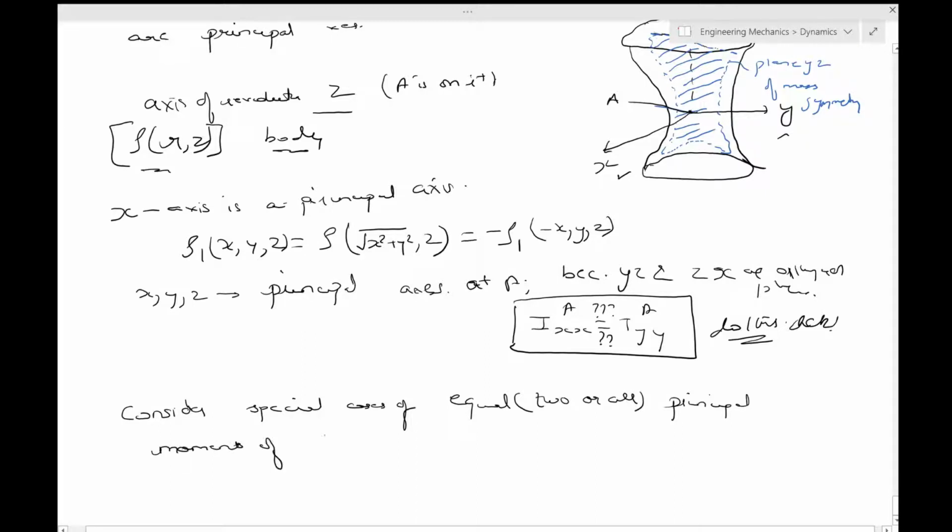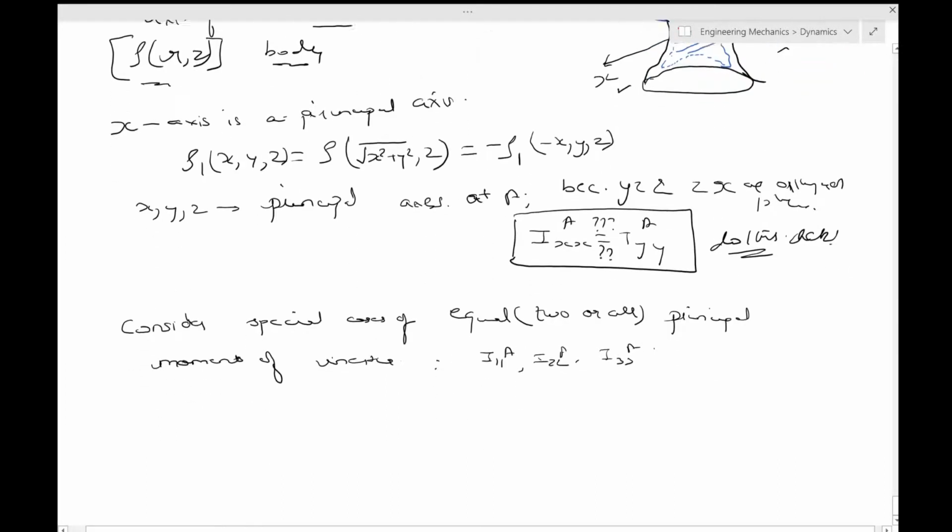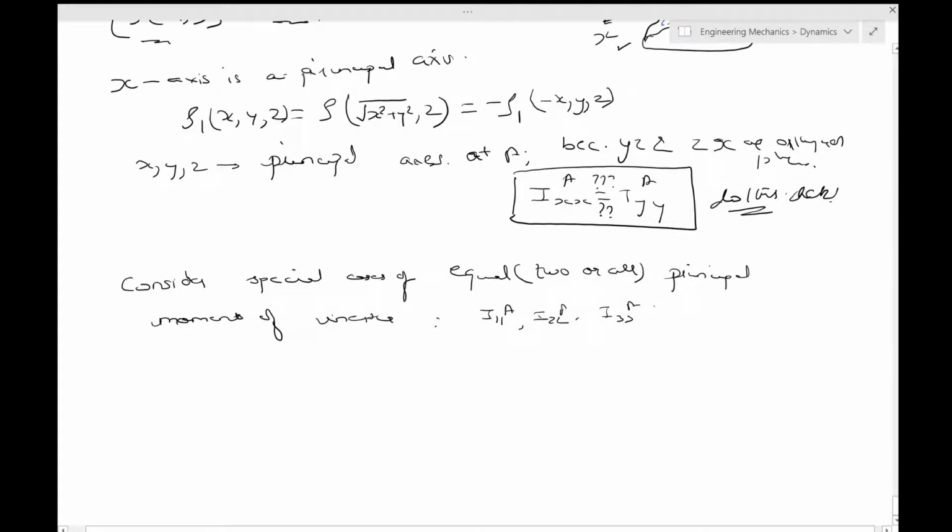Consider special cases. So you have, say, I11 of A, I22 and I33. So let one special case be that I11 of A is equal to I22 of A.